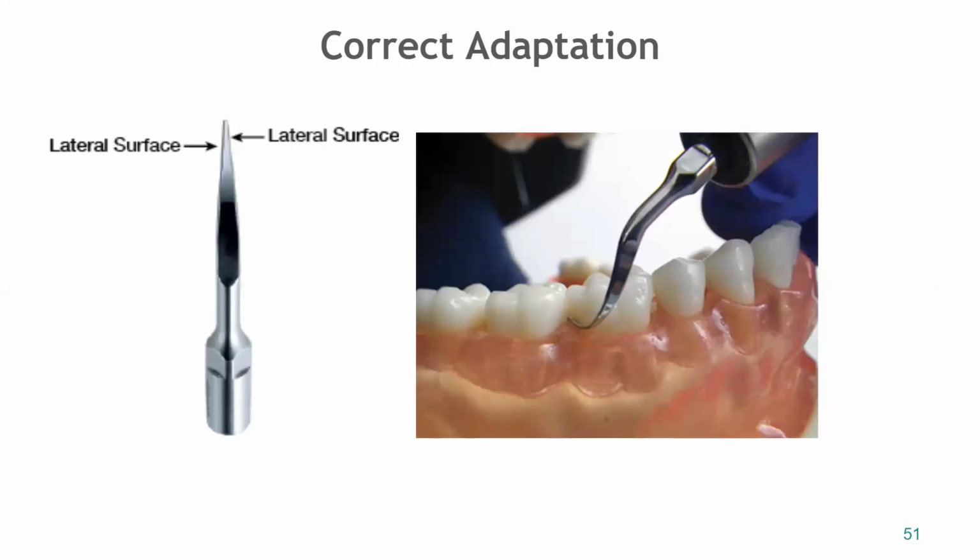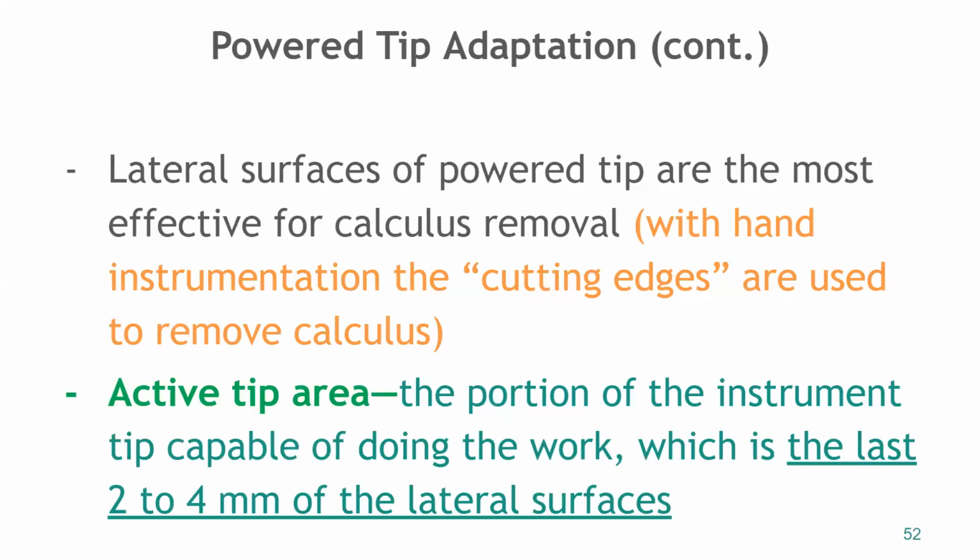Okay, so this is a piezo tip again. You're going to use the lateral surfaces. A piezo tip is really similar to our hand instruments, where we're going to use the lateral surfaces, okay? Lateral surfaces of a power tip are the most effective for calculus removal.